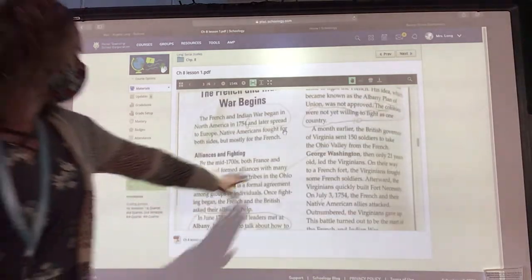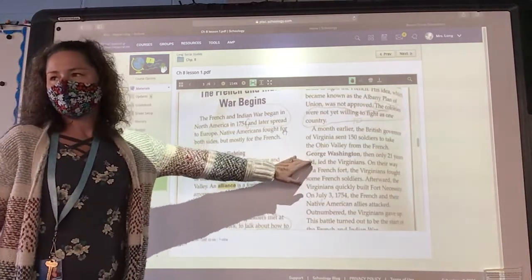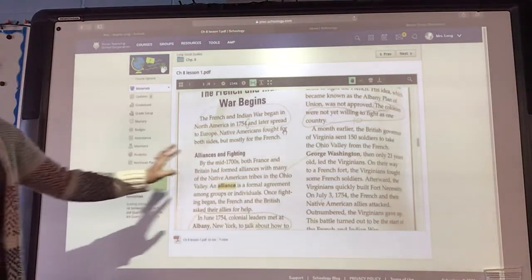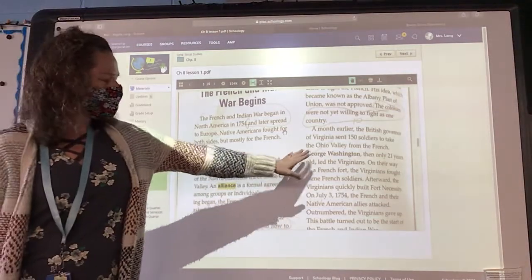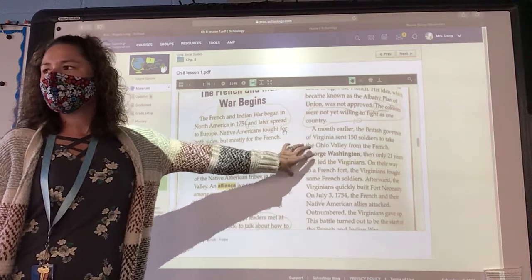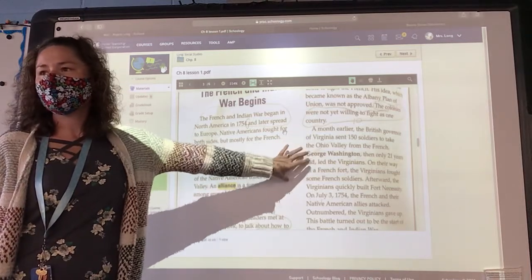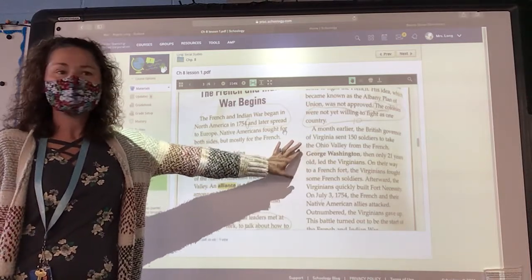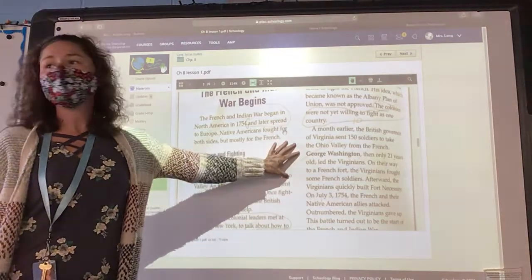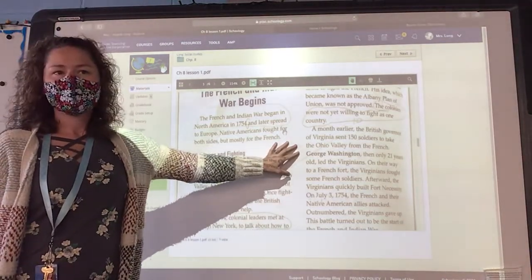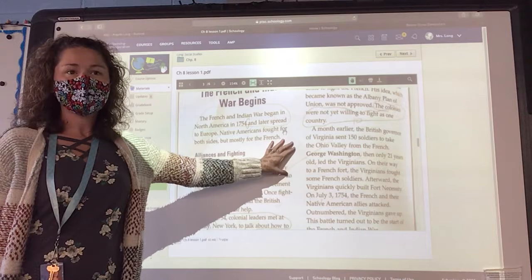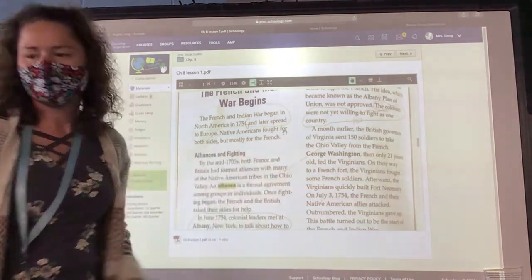Here's George Washington. So you have to find his name. Same thing with Ben Franklin and I don't remember who the other one was. And write down why they're important to this lesson, boys. Writing down that he was the first president for Chapter 8 isn't going to help you at all, or for this particular lesson, for sure. All right?